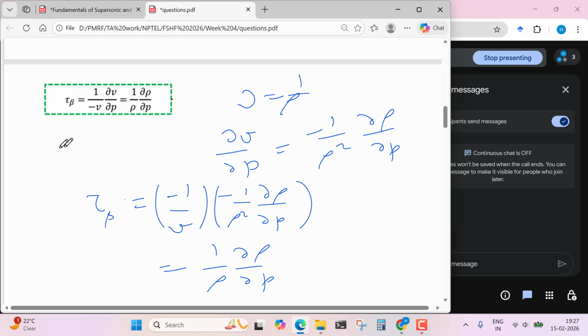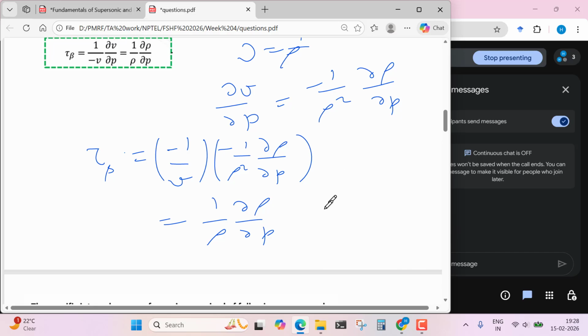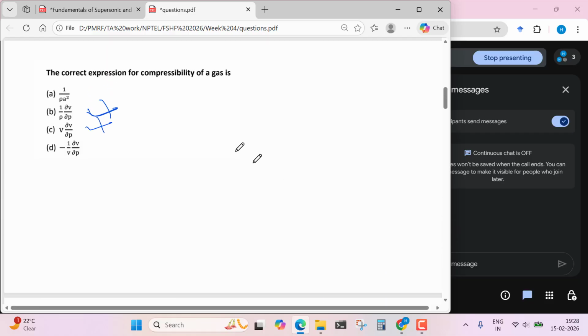And we have seen before that dou p upon dou rho is a square, so it will also come 1 upon rho a square. So options A and D are correct.